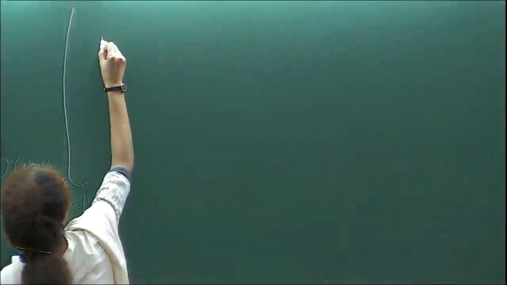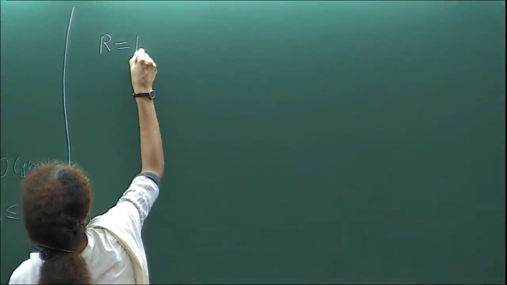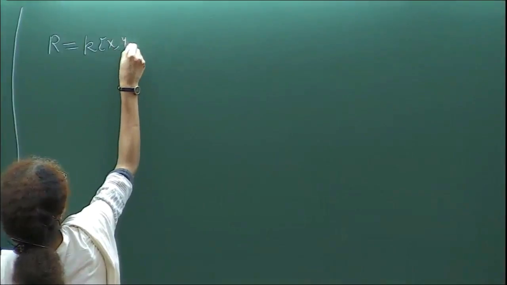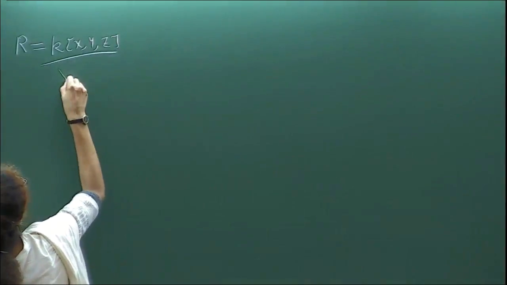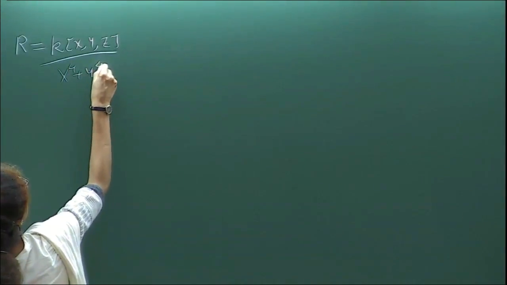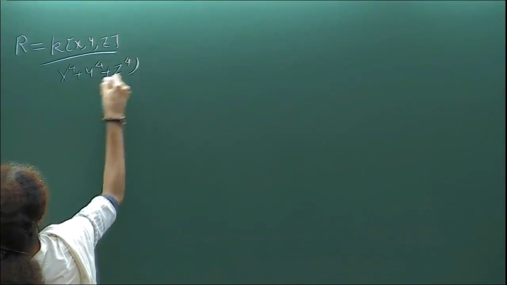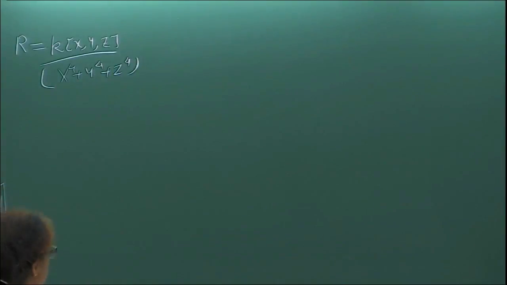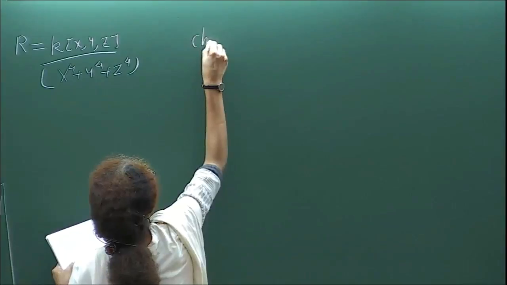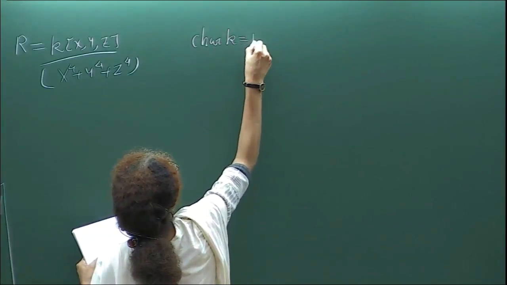So take a plane curve given by a degree 4 equation, and let the characteristic of K be p.